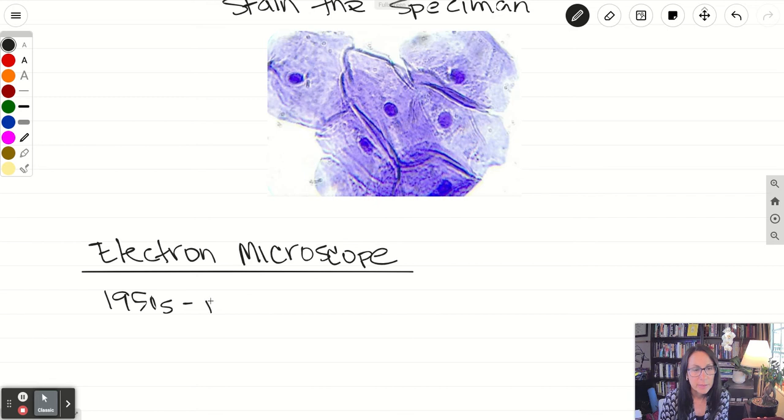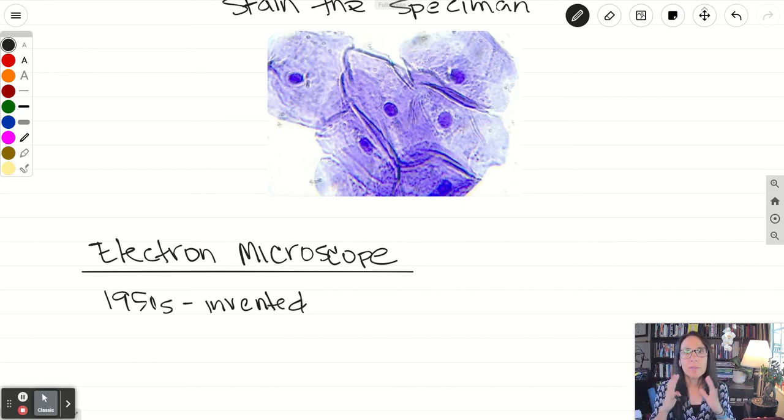Electron microscopes don't use light, but they use electrons. And we've talked about electrons in a past video when we were talking about chemistry. What happens is electrons are shot into a tube, and electrons scatter and they create an image of what they're being shot at.